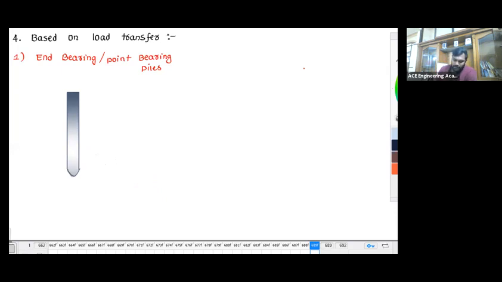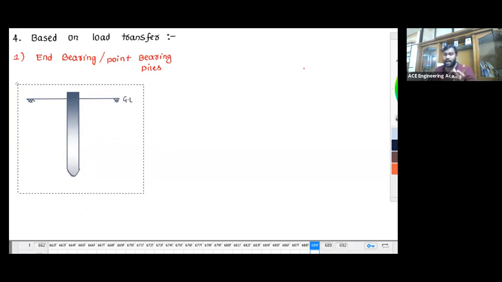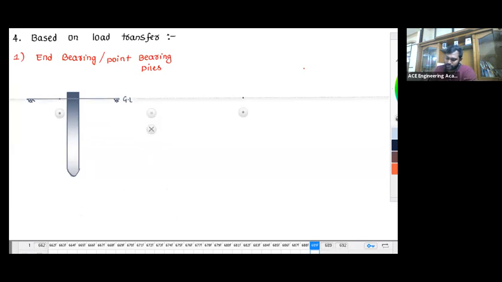For example, if this pile is resting on a hard strata, and let's take this as the ground level, if a hard strata is located at a reasonable depth, let's say there is a hard strata here.